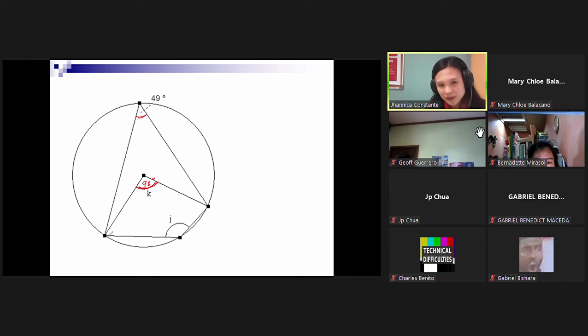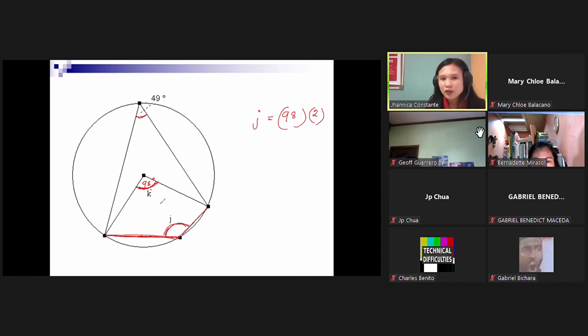To get the measurement of angle J, facing the central angle, you take twice the central angle. So angle J is equal to 98 times 2, twice the measurement of the central angle.